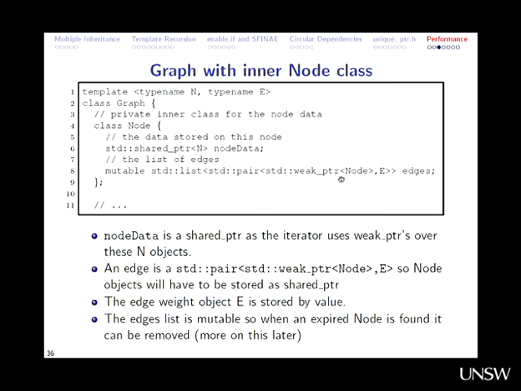It has a weak pointer across to the node it's connecting to. The reason it has a weak pointer to the node it's connecting to is that it means I can delete nodes and don't have to worry about fixing up this list. However, this list is mutable, so when I discover that something is in this list, at that point I can delete. Okay? So my node data is a shared pointer. As for my iterator, it uses weak pointers over for N objects.